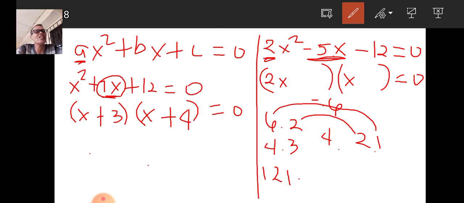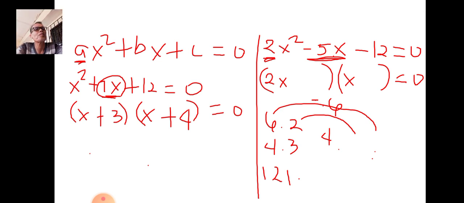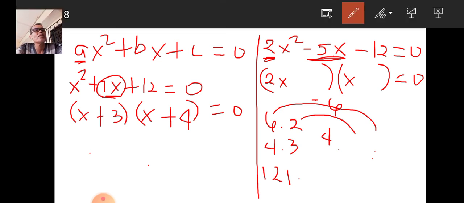So you are going to interchange. This one becomes 2, this must be 2, trial and error, and this must be 1.